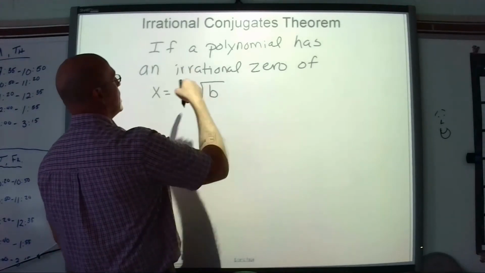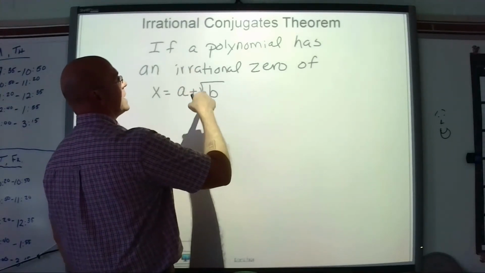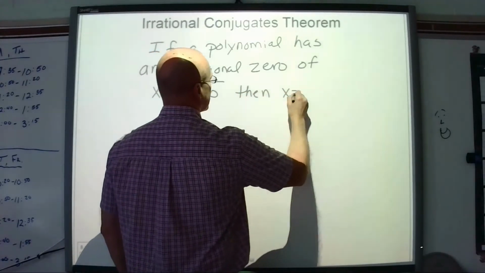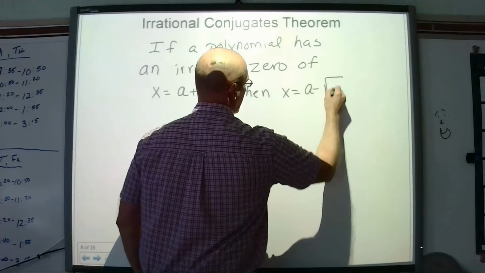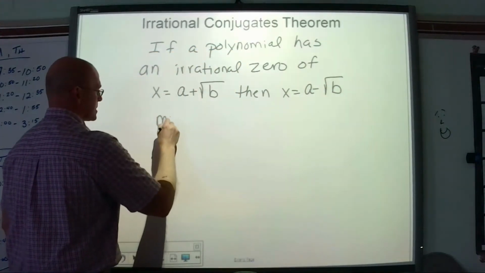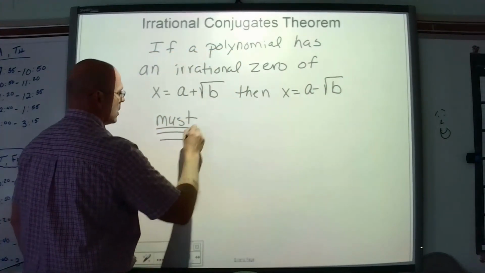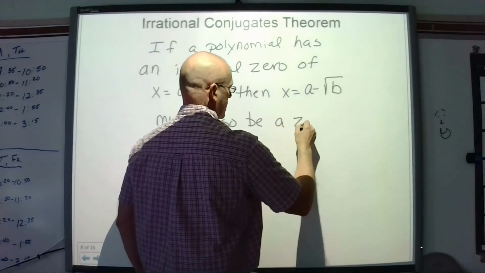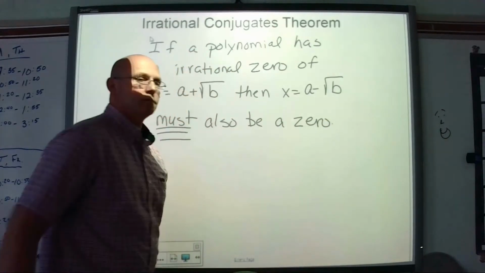Okay, if I know that a plus the square root of b is a zero, then x equals a minus the square root of b must also be a zero. Okay?